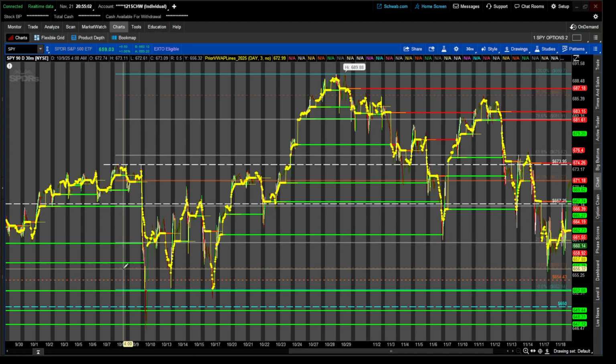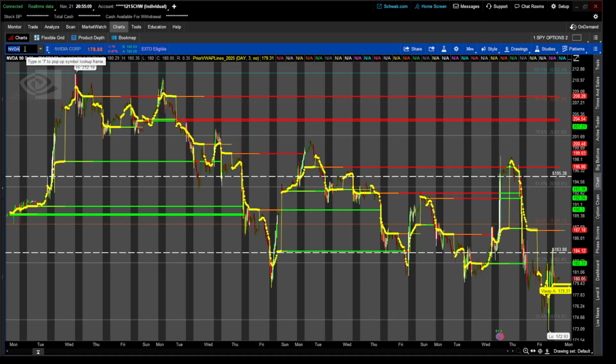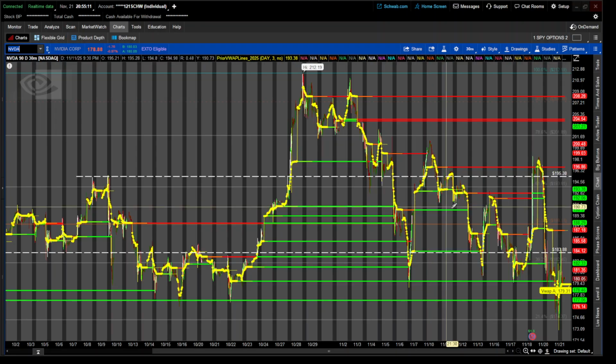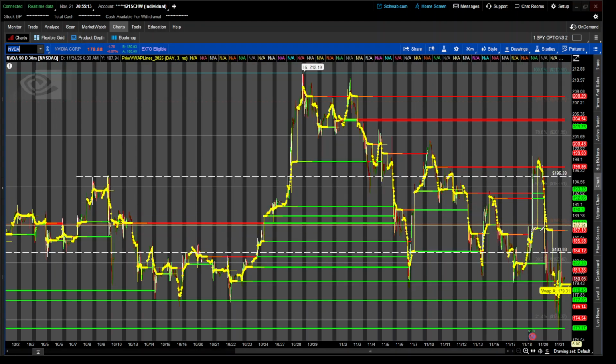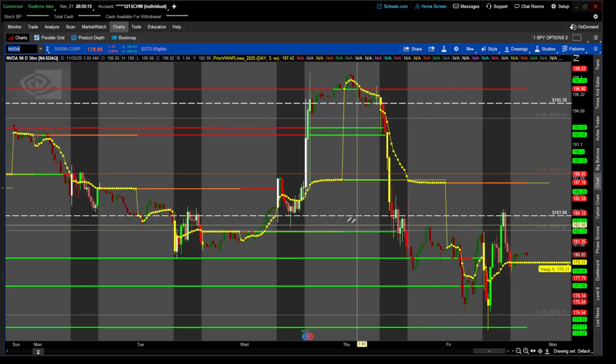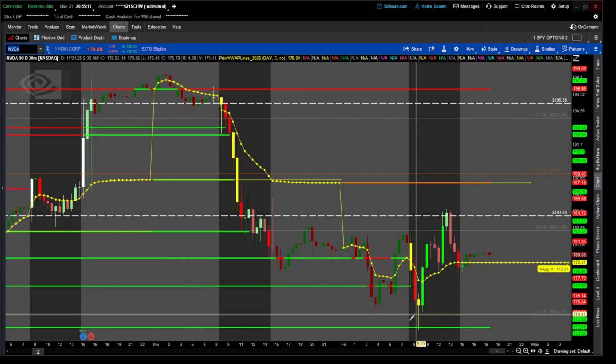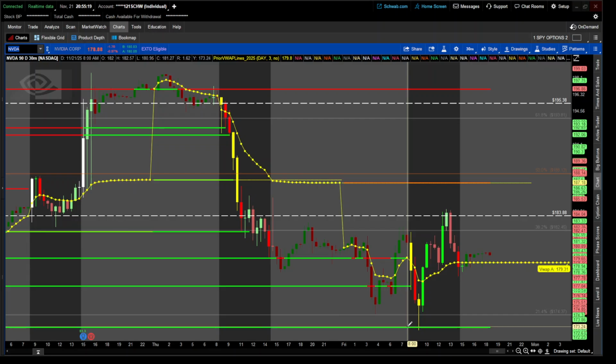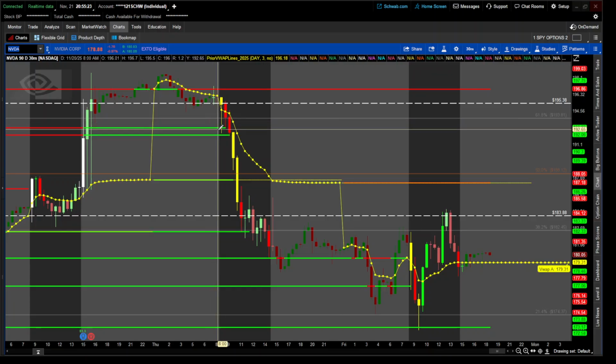One of the stocks I wanted to go back to was NVIDIA. What did NVIDIA stop going down to? It really stopped going down when it hit one of these prior session VWAPs. These are extended levels for the prior session VWAP, and you can see right here the support from these prior levels.